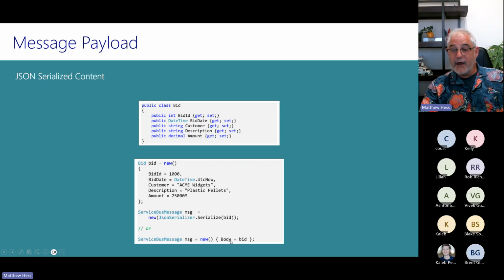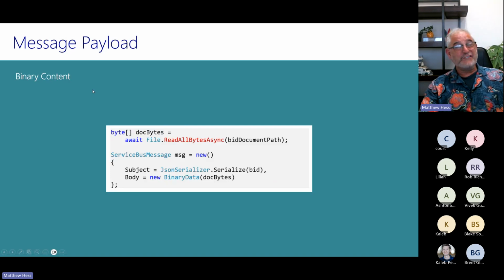The body of a message is actually binary content. So it has to get binaryified. Both of these will do it for you on the fly, which is very cool. Now, you can also do binary content. So let's say you really wanted the whole PDF, or that Word doc, you wanted the whole thing. So you could read all the bytes into a byte array, and then simply your subject is that bid, right?